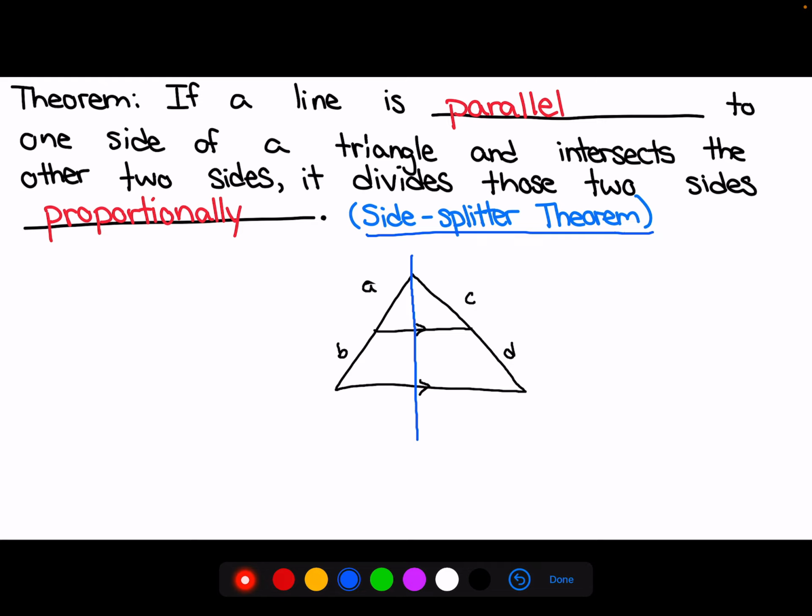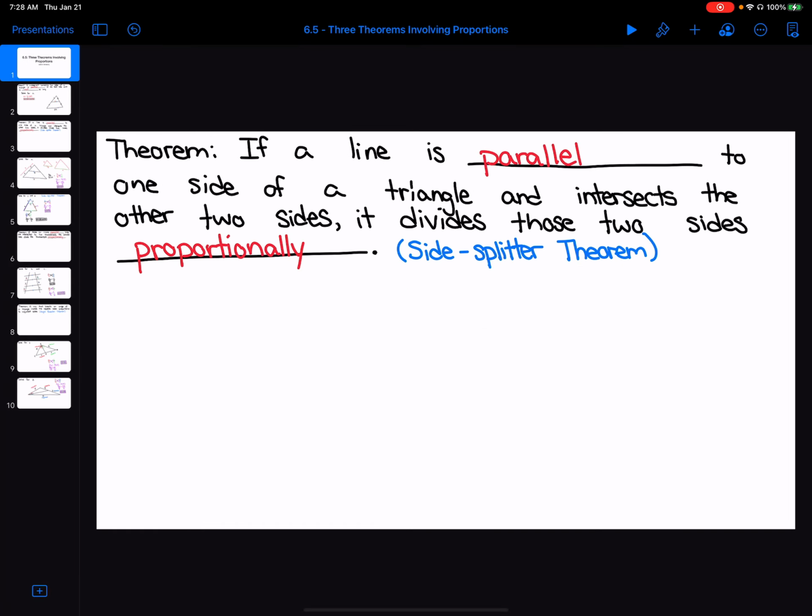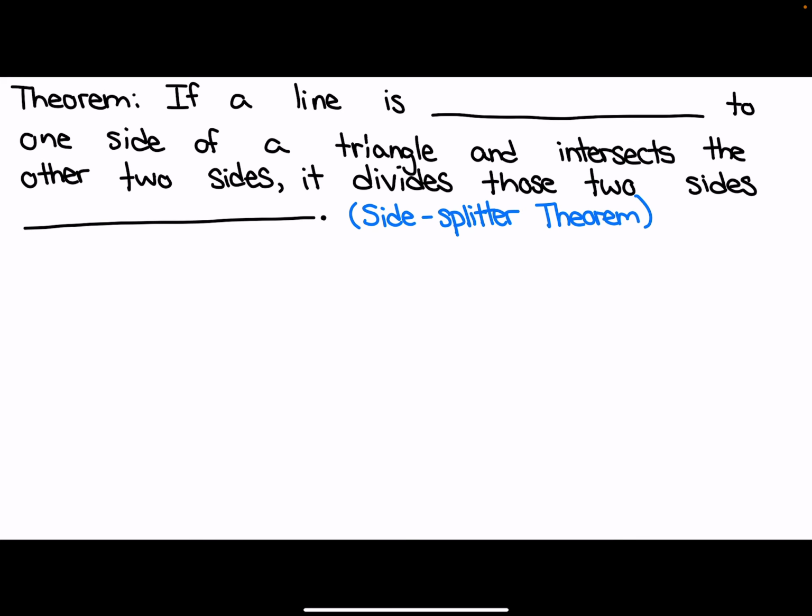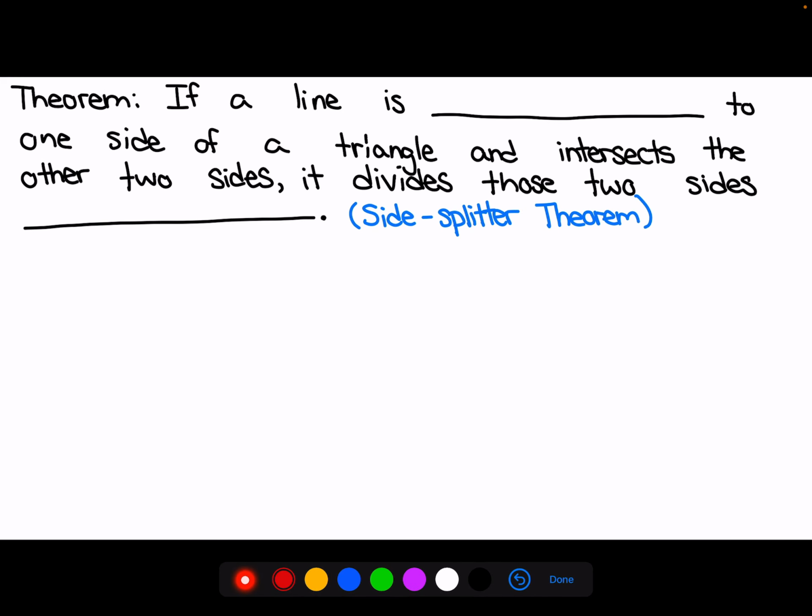It's very important that I'm going through the lines that are parallel. I'm not going from over here or anything. I'm going through both parallel sides. So that's why they call it the side splitter, because when I create my ratios, I'm going to stay on the same side. So therefore my ratios are A over B equals C over D.